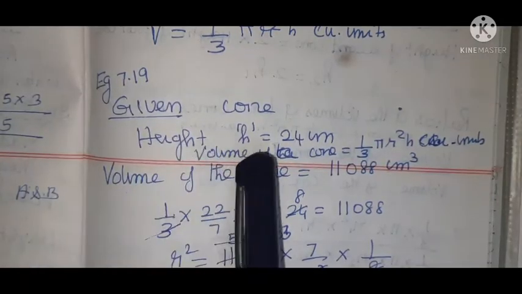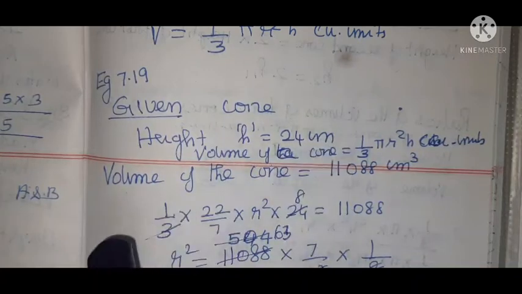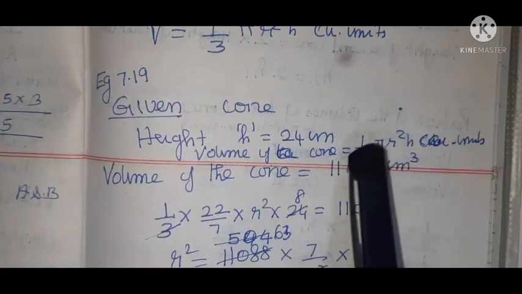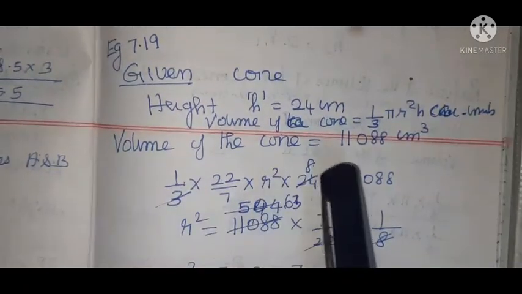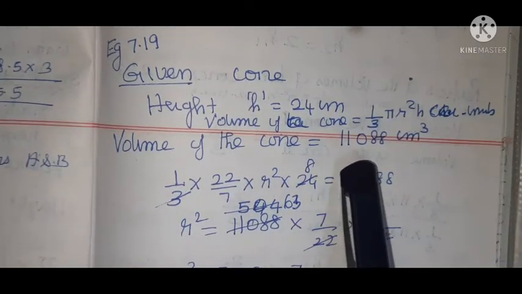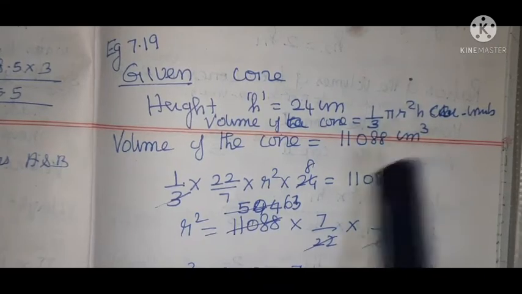Given cone height h is 24 cm. Volume of a cone is 1 by 3 pi r square h cubic units. Volume of the cone is 11,088 cm cube.